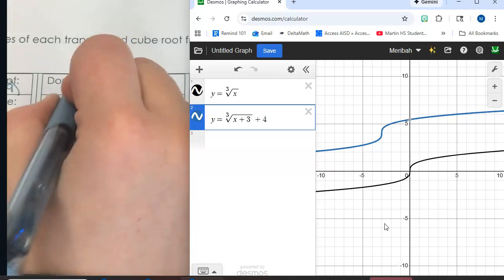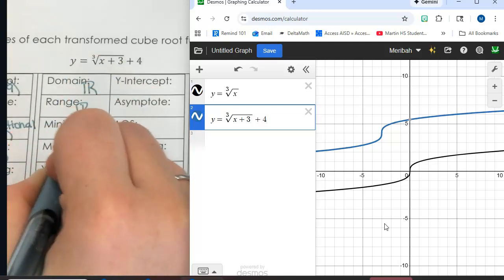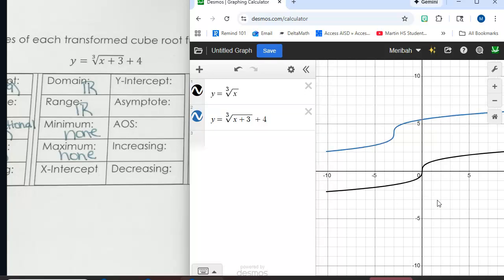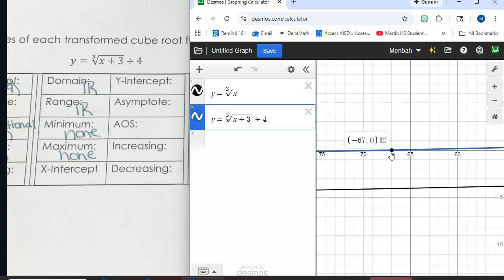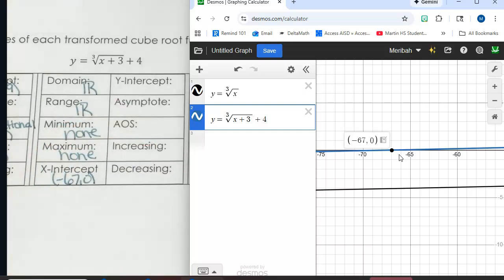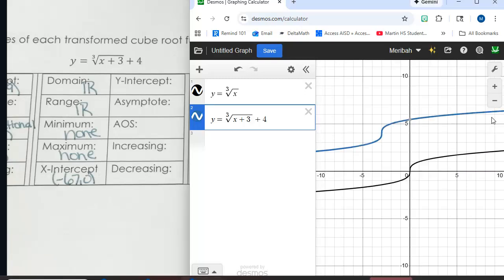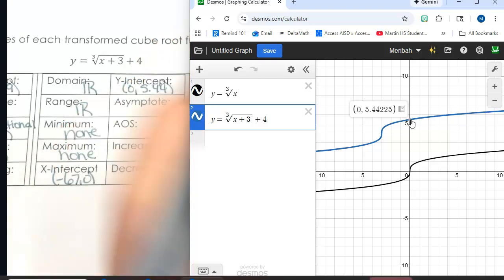Our domain and range are the same, which means we don't have a minimum or a maximum. My x-intercept, I'm going to have to scroll over here to find. See if it tells me there, -67, 0. And my y-intercept, I'm going to scroll back over here, and that is at 0, 5.44.